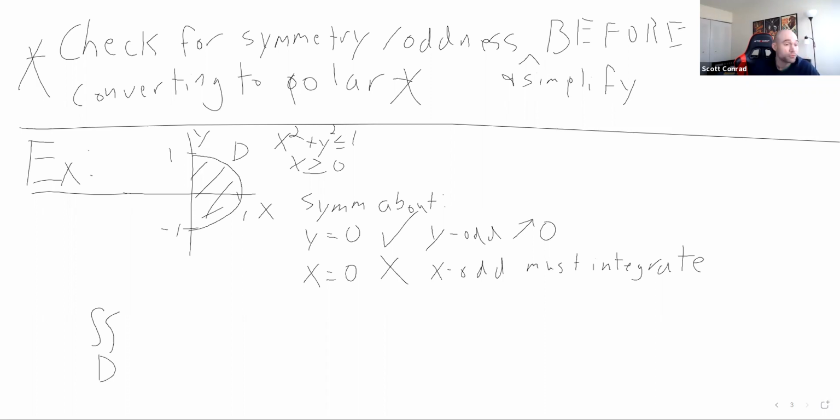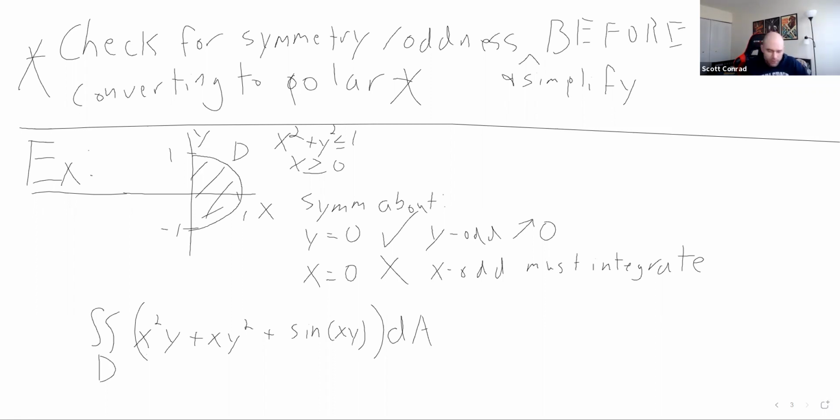So suppose we want to integrate over this region D the following integrand. We're going to simplify this by picking out terms which we know integrate to 0.